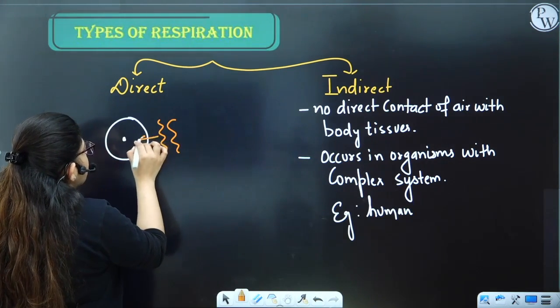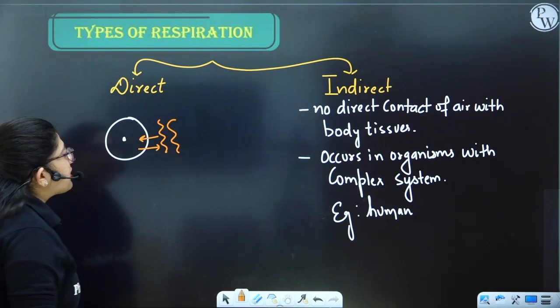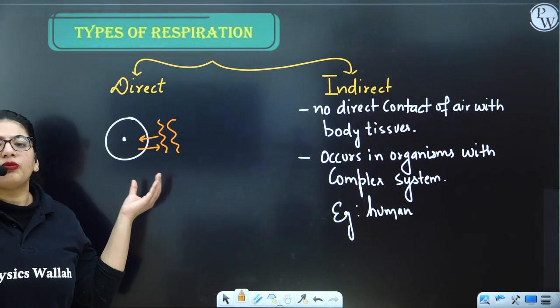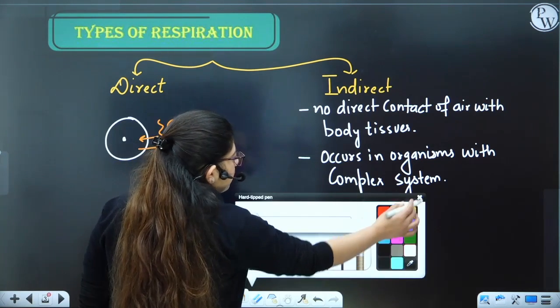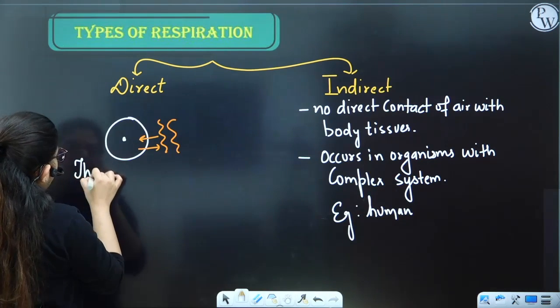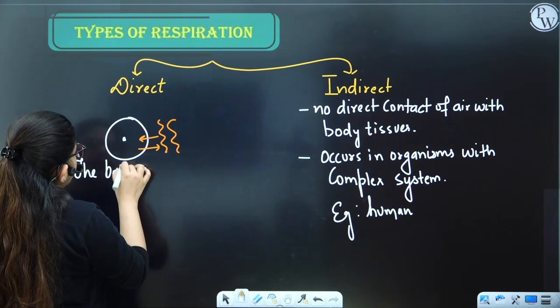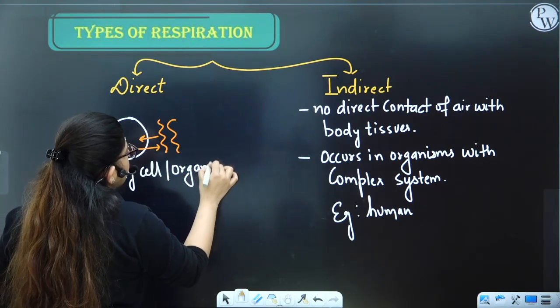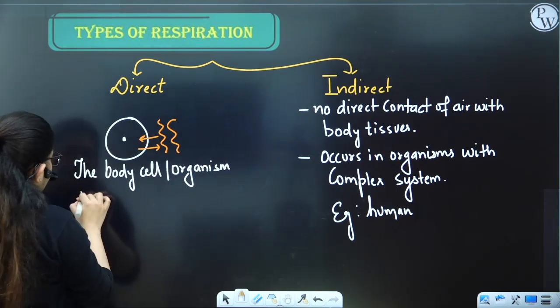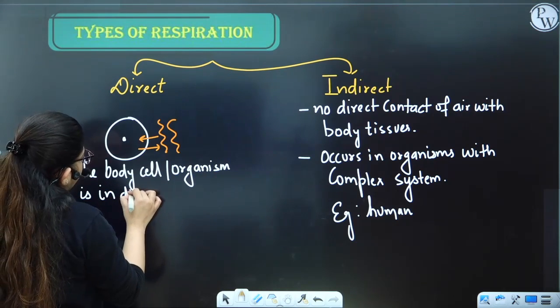So whatsoever respiration is taking place, it is taking place directly through the body surface or through diffusion. So in direct respiration, the body cell or entire organism, because it is unicellular, is in direct contact with air.